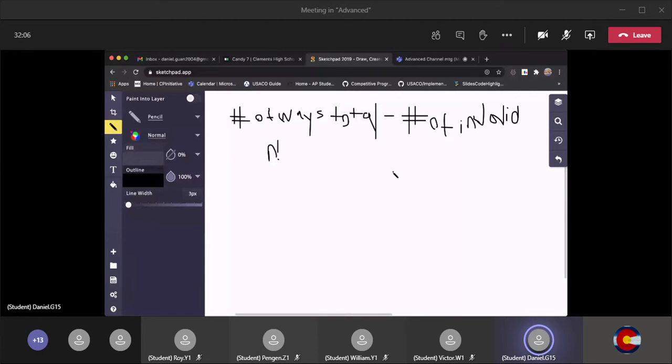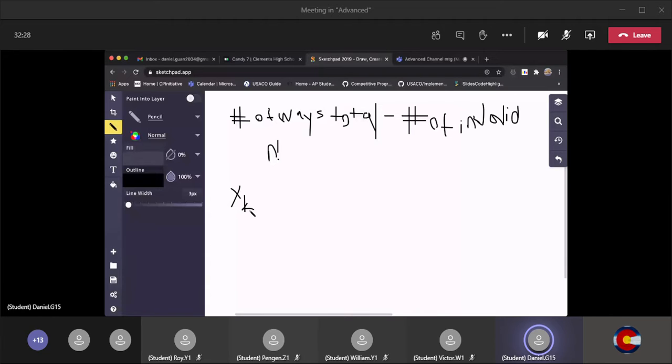Number invalid. So here we do some math. We define x of k to be the set of permutations that has the candy originally at k still at position k after the permutation.